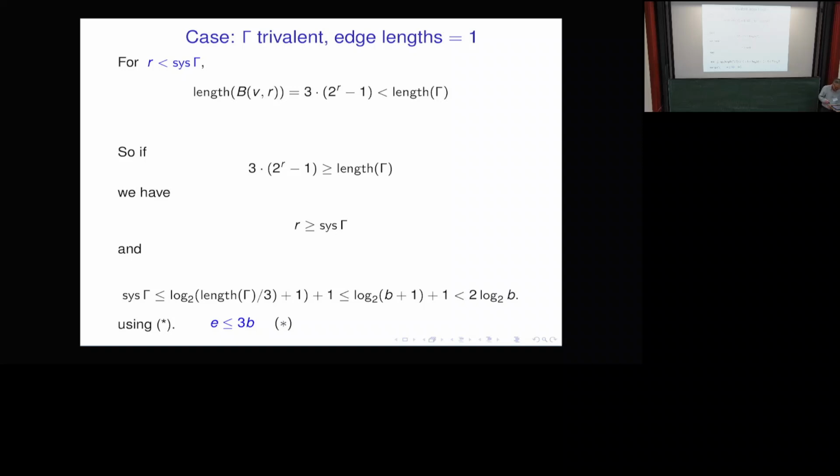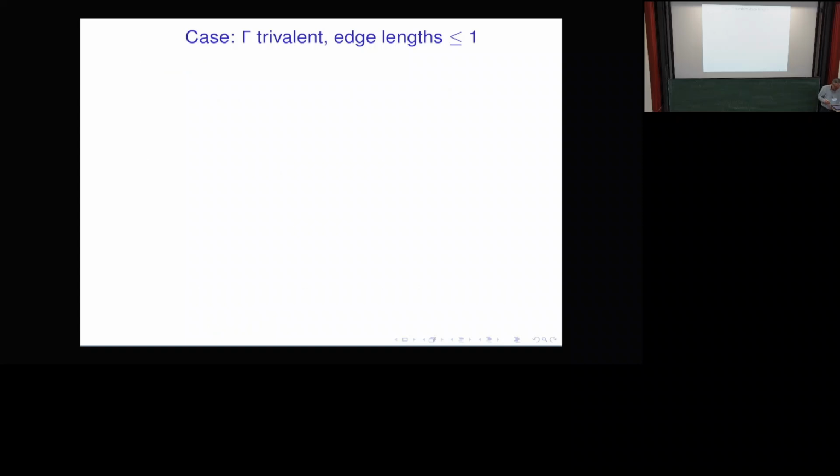And these are the precise inequalities, but if you don't like algebra, just think: if the systole is R, you get exponential length. That's all I'm saying. Okay, what if the lengths are less than 1 rather than 1? Again, equivalent. Then the length gets even bigger, because your graph branches even more.